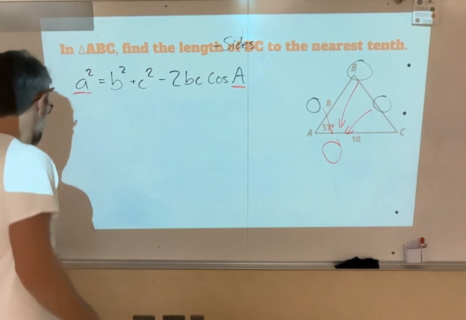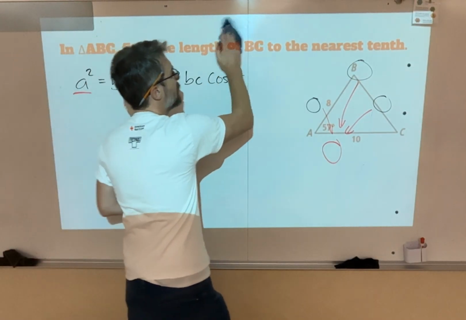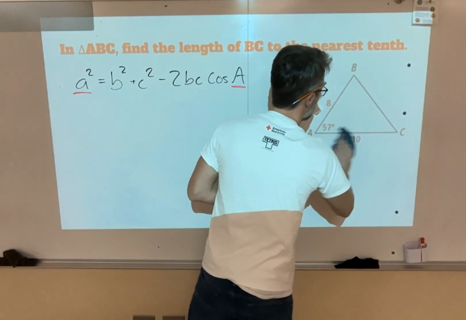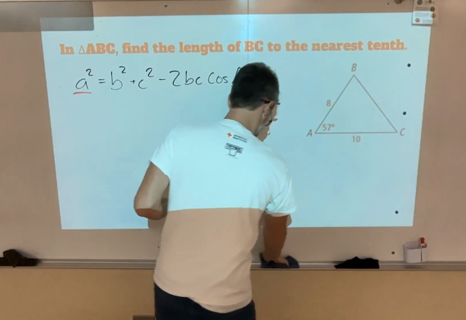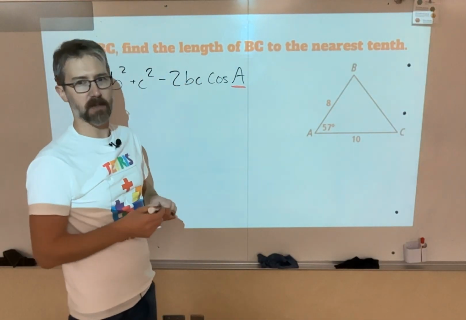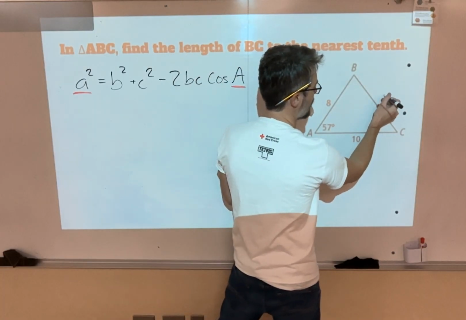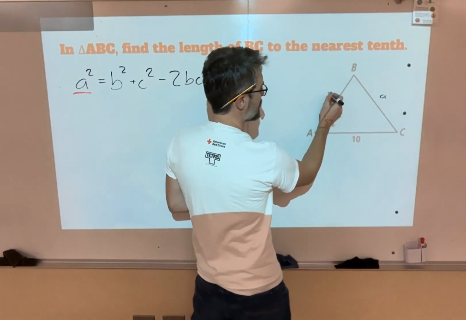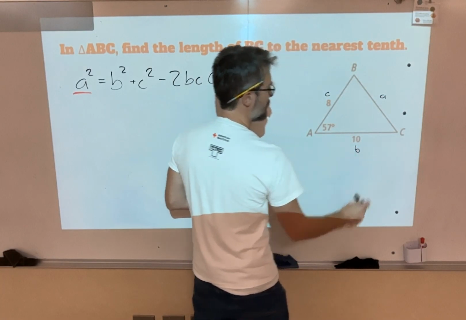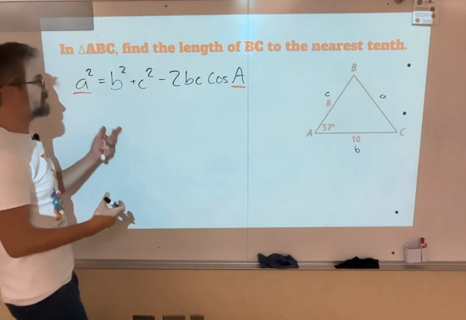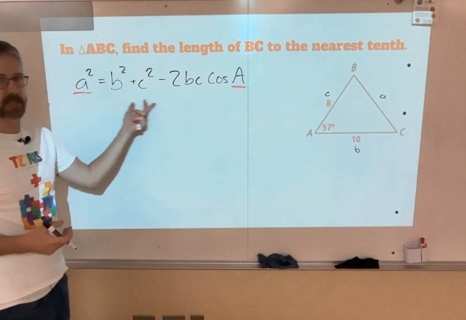All right, so using that, we want to use that now to find the side BC. And again, let's put the lowercase letters into the diagram to make this make a little more sense. So this is actually side A. This is side C, this is side B. Now the A, B, and C don't matter so much in this formula.